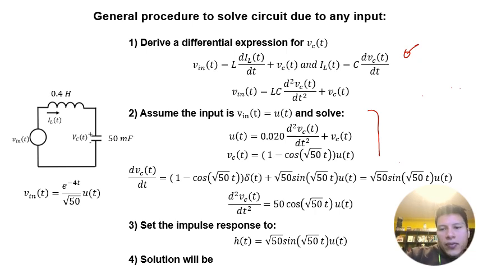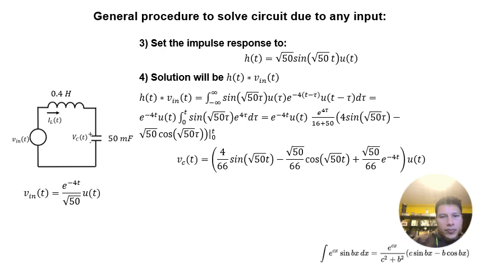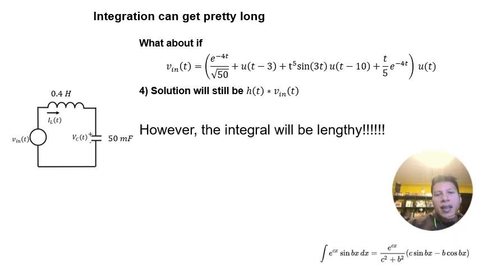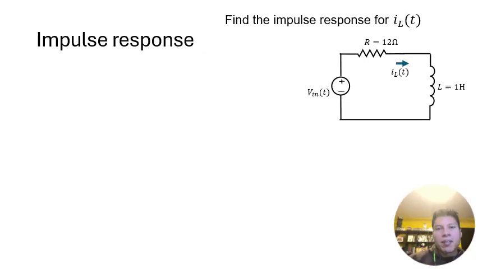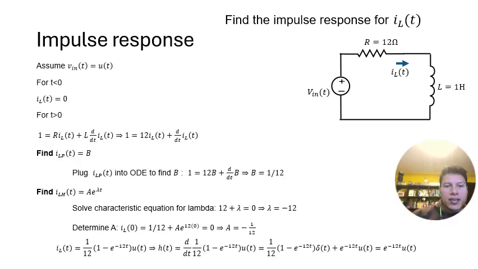You take the derivative of the unit response to get your impulse response, and then you do the convolution with the input in order to get the output. Here I have another one, you could also do this one, but that's quite lengthy. I never actually tried doing it. It's just to give you an example. And then you could also try this one, which is another first order circuit. And here's the solution to that.